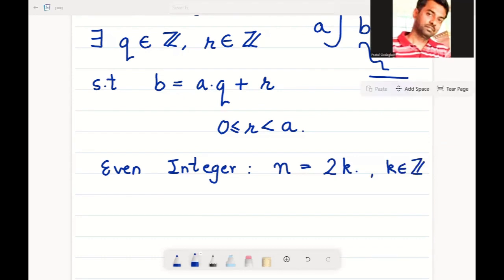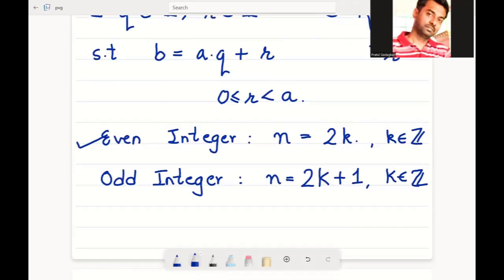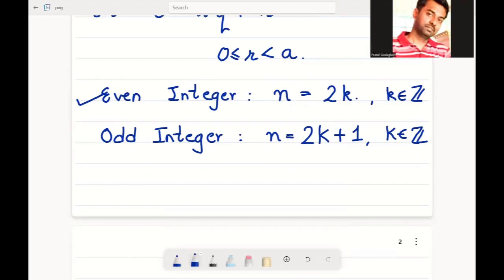And what is an odd integer? Odd integer is a number that can be represented in the fashion n equal to 2k plus 1, where k is again some integer. So any number which is 2 times something will be an even number. Any number which is 2 times something plus 1 will be representing an odd integer.